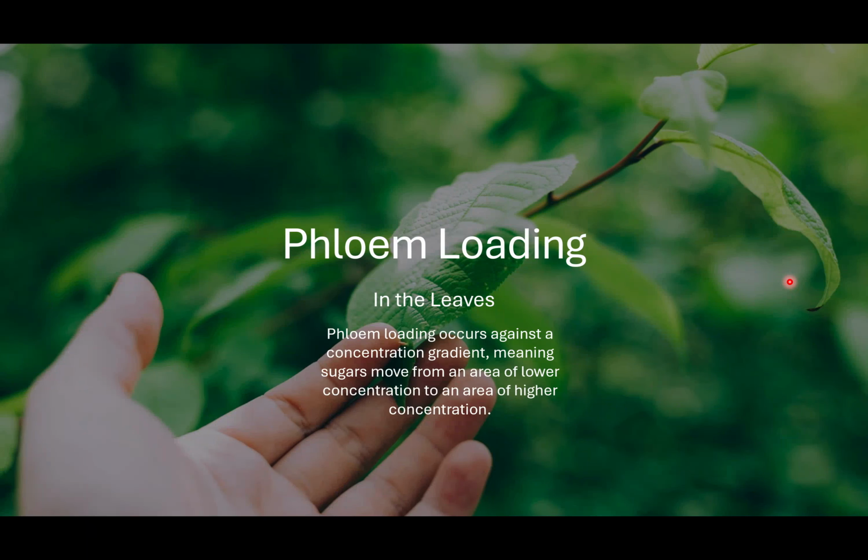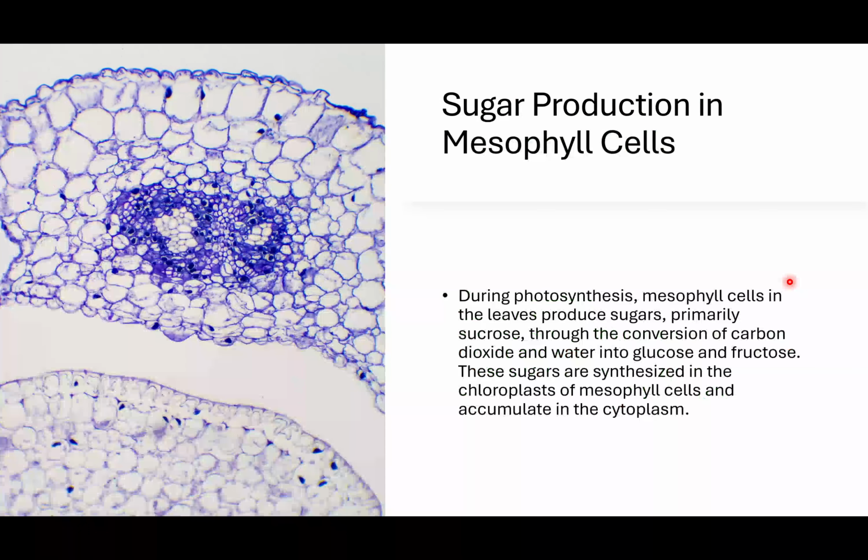Loading really occurs within areas that have a high photosynthetic value. So usually loading occurs against a concentration gradient, meaning that sugars move from an area of lower concentration to an area of higher concentration. Generally something like that. So usually loading occurs within photosynthetic organs, for example, the leaves. So we have sugar production in the mesophyll cells.